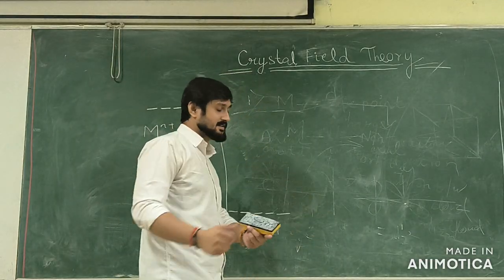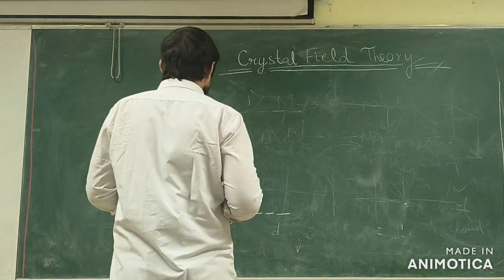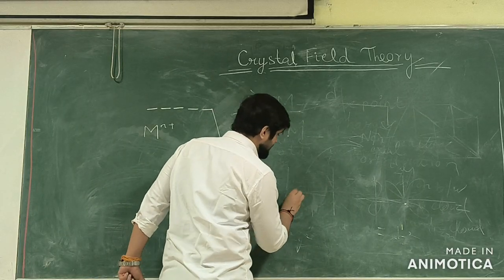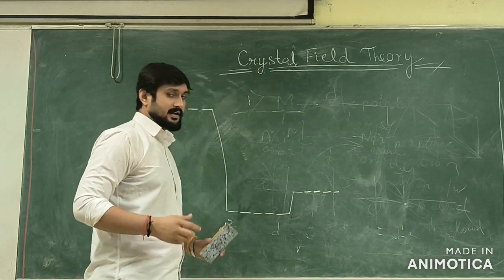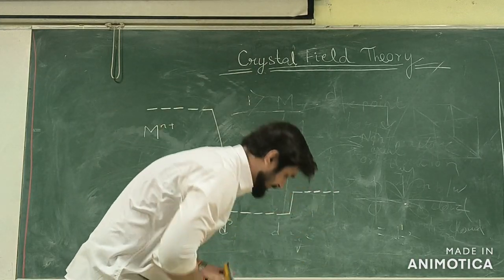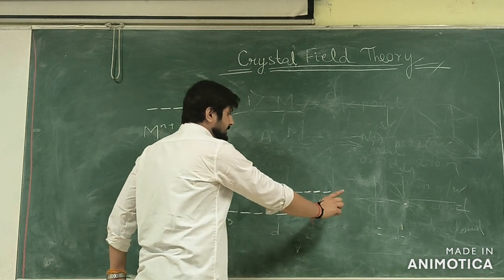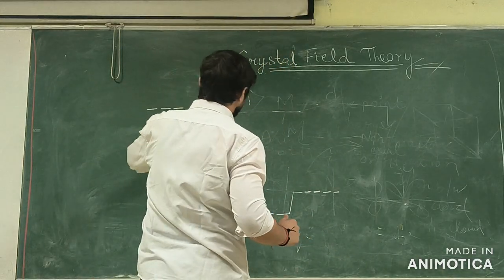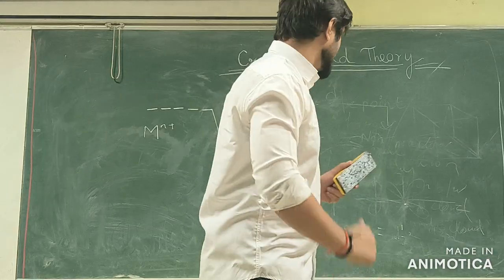Now let us consider the other interaction. That is the repulsion between the ligands. It destabilizes further to some extent. Since it is a repulsive interaction, it will destabilize my d5 orbitals. Now focus here, because an important thing is coming. That is the repulsion between the metal electron cloud and the ligand electron cloud.